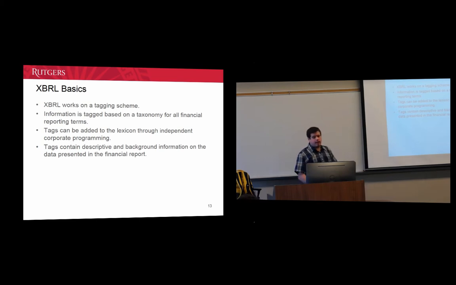The information is tagged based on a taxonomy that was created by the SEC, and the SEC worked with accounting firms to create this taxonomy, and they did it internationally because they wanted it to be IFRS accessible, the International Financial Reporting Standards, what IFRS stands for. So if you're an international filer and you're filing in the United States, you have to have it be XBRL capable.